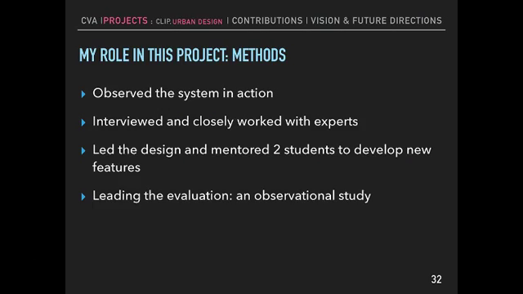For this, I started by observing the system in action, interviewing and closely collaborating with experts, which actually took a long time for me to understand this design space, the problems and some of the challenges. And then I led the design and mentored 2 students to develop new features. And right now we are in the phase of evaluation.